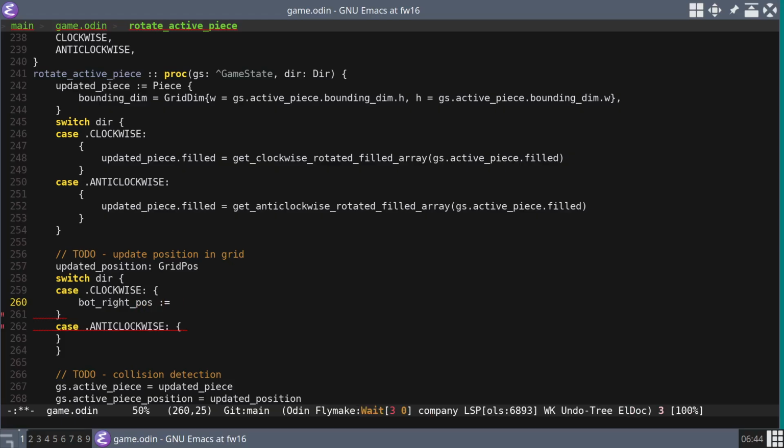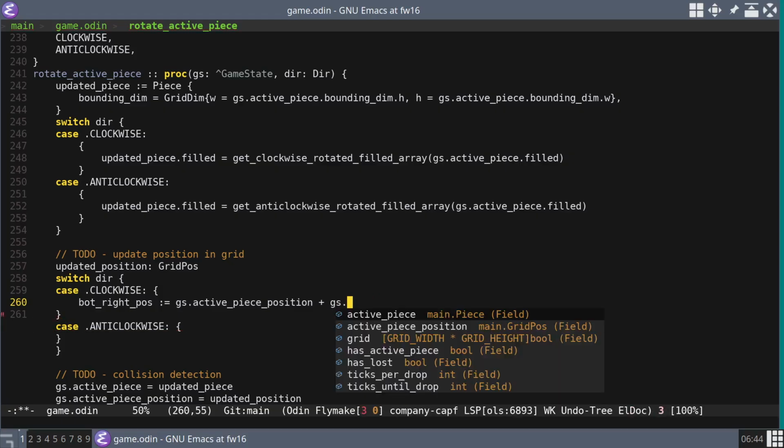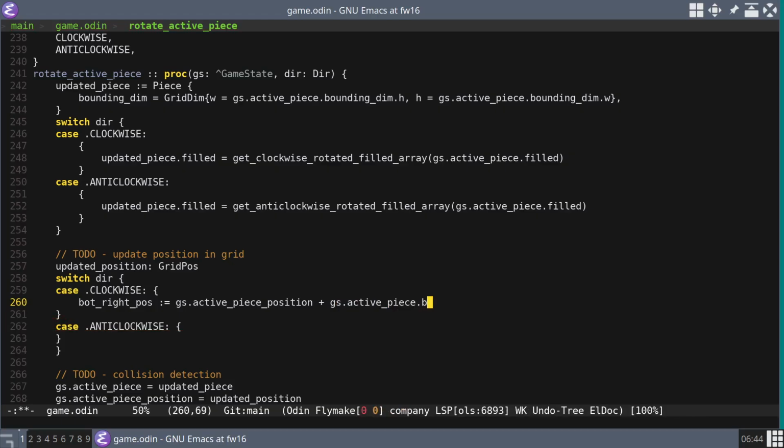The initial bottom right position is equal to our game state active piece position plus, nope, it's plus the current one, so game state active piece bounding dim dot width.